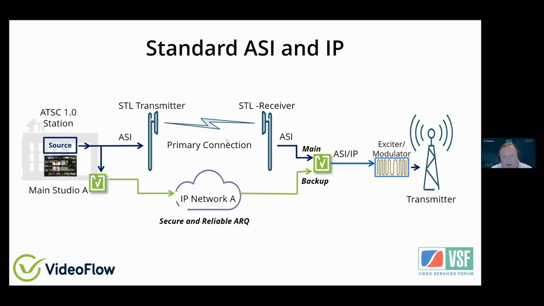We still have the traditional microwave, but now we can supplement that with a green link going through. We have an ASI on the transmitter side. We have the ASI coming in. We have the IP backup. We can either do a failover between them, or with some techniques, we can do seamless switching so that we have a continuous feed going to the exciter.